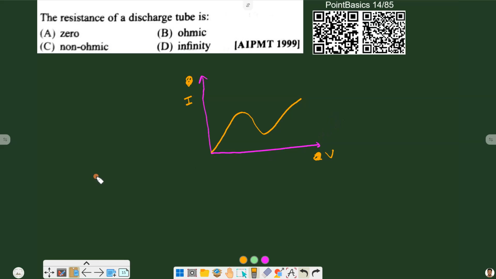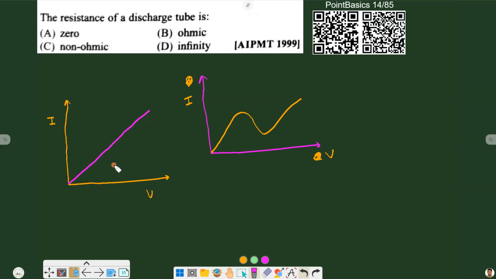If an instrument or a device obeys Ohm's law, then for that device the V versus I graph is a straight line passing through the center, something like this.